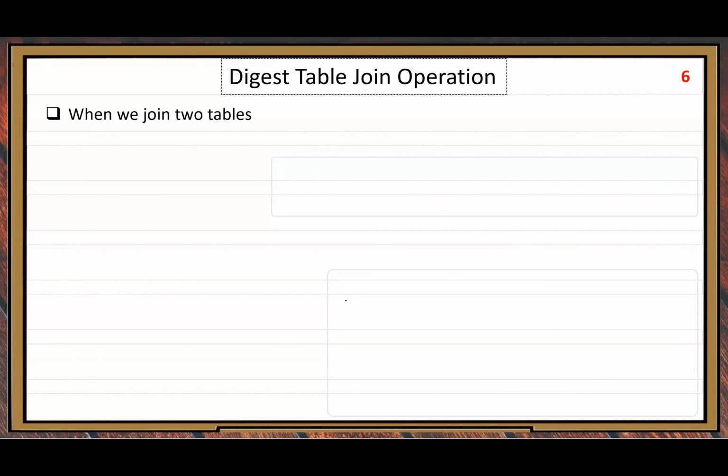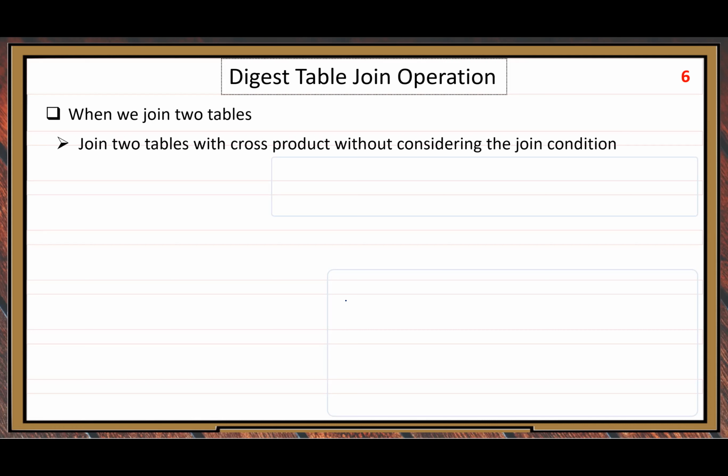When we join 2 tables, let me describe the procedure inside the DBMS, the main steps. First, join two tables with cross product without considering the join condition.